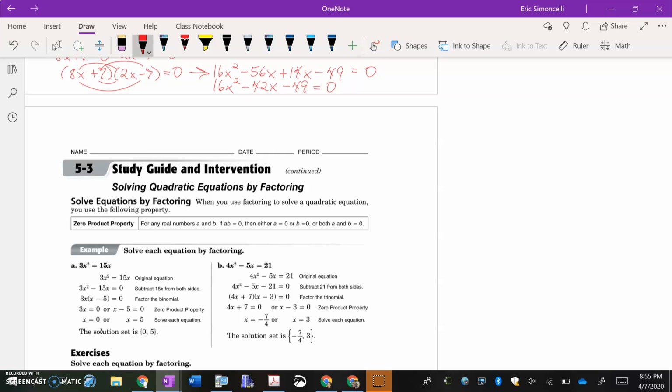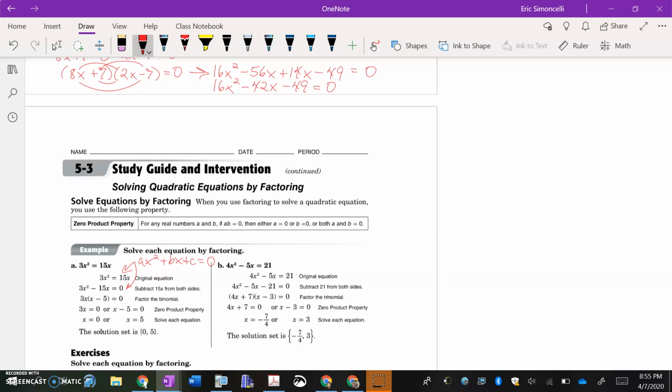All right, solve each by factoring. 3x squared equals 15x. So we're going to take this equation and set it equal to 0. You can see here this converted to this, yielding the generic standard form. That gets the process going. So now we think, isn't 3x squared and negative 15x divisible by a common factor?